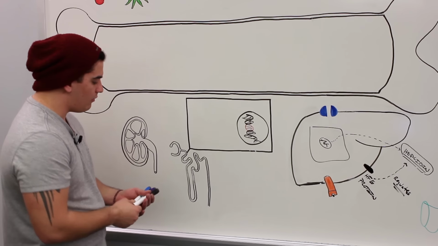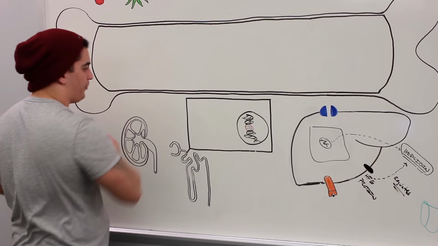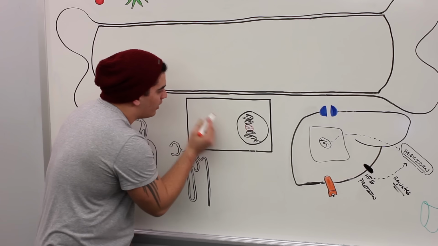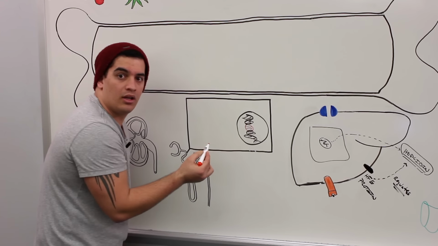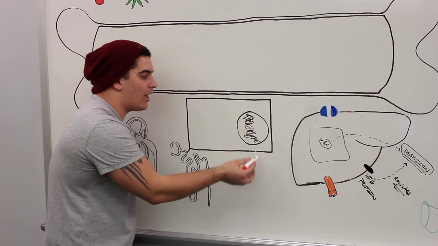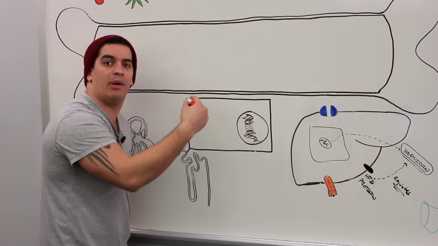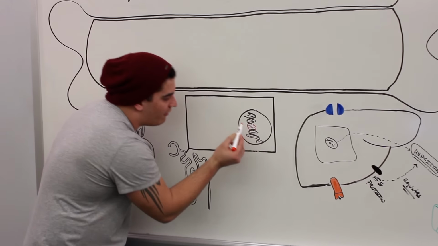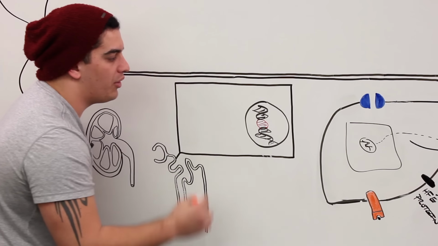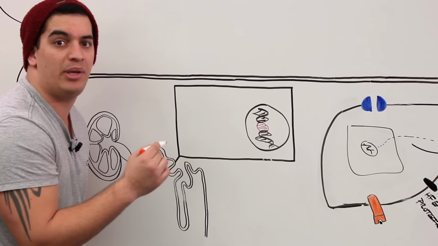If we look here in the kidney, we have a specific gene here. You know genes are transcribed and make mRNA, and then mRNA makes proteins, right? Well, there's a very, very important gene here called the EPO gene.